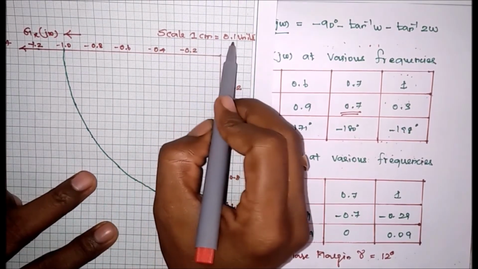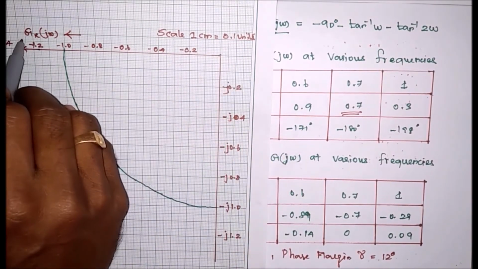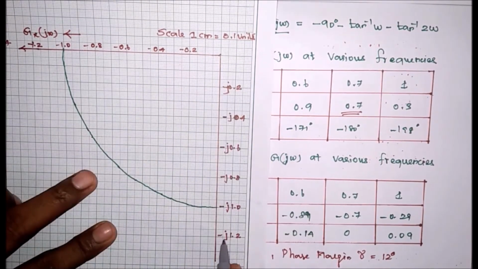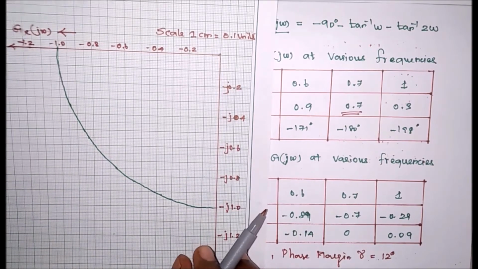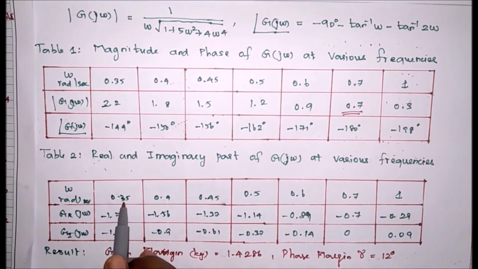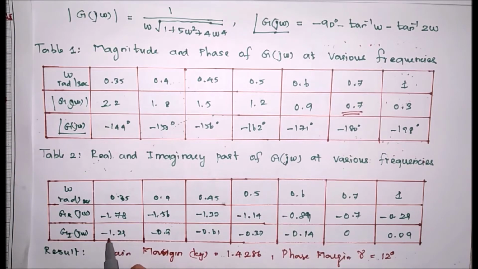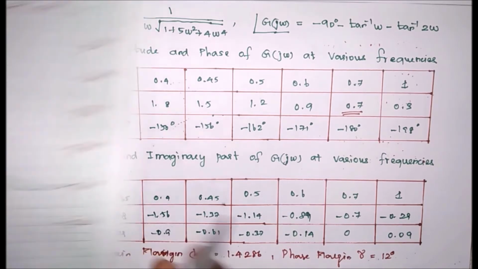For that, 1 centimeter equals 0.1 units. Likewise, we have to mark the real parts and imaginary parts. First, for omega equal to 0.35, the real part is minus 1.78 and the imaginary part is minus 1.29.